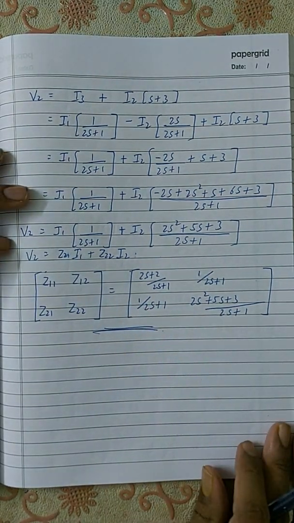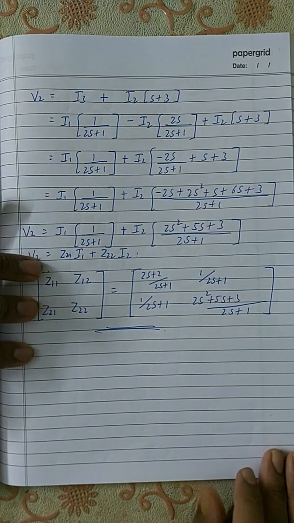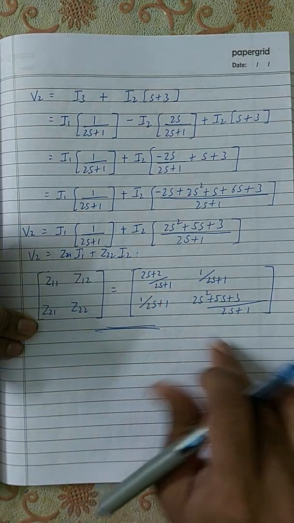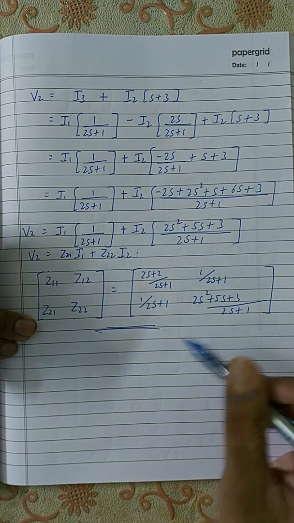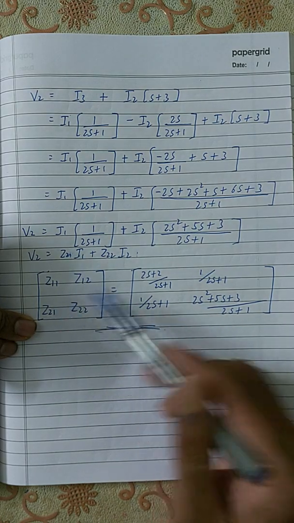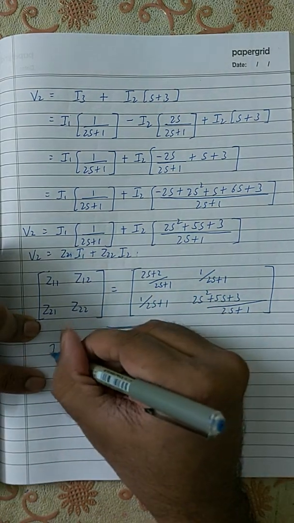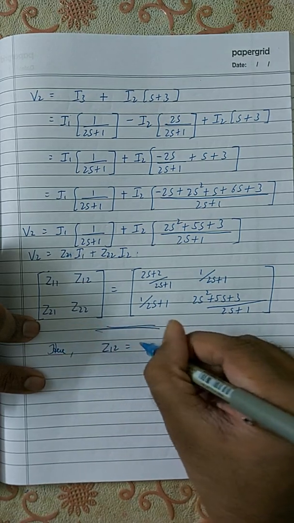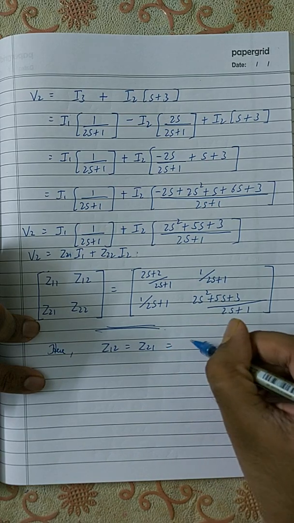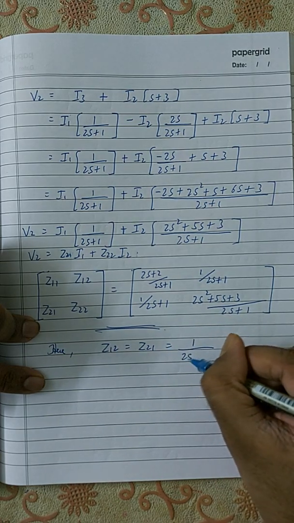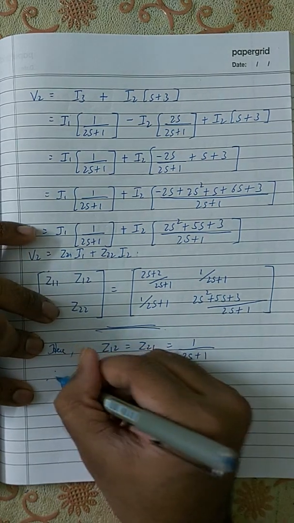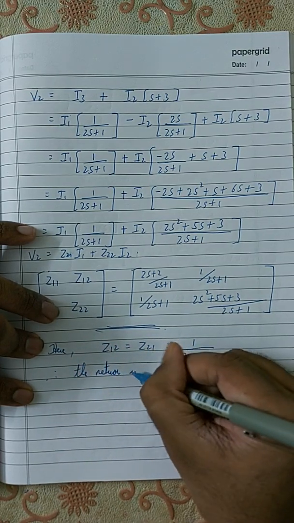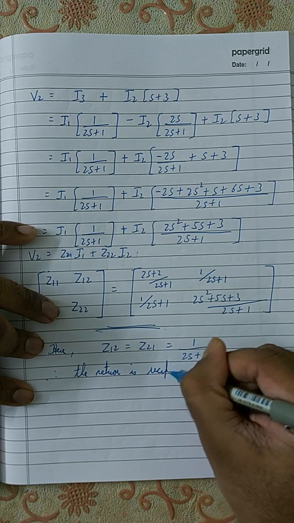Now to check if the network is reciprocal and symmetric. Here you can see that Z12 is equal to Z21, and both of them are equal to 1 by 2s plus 1. Therefore the network is reciprocal.